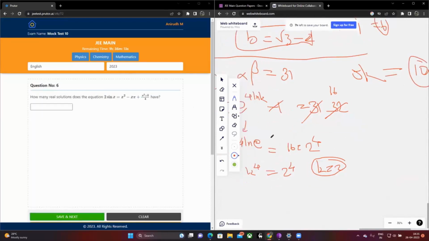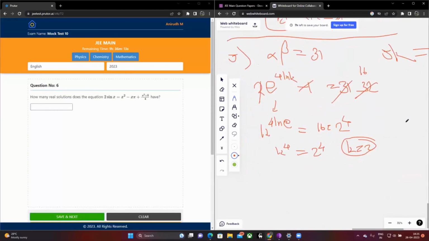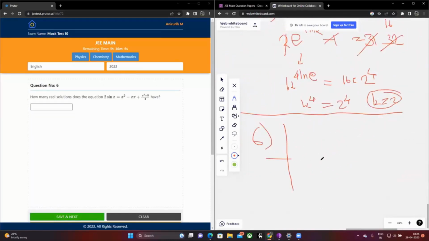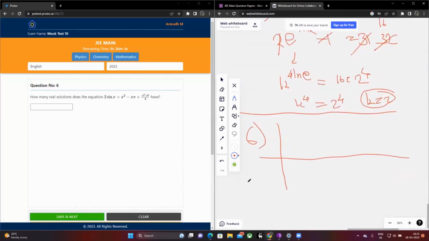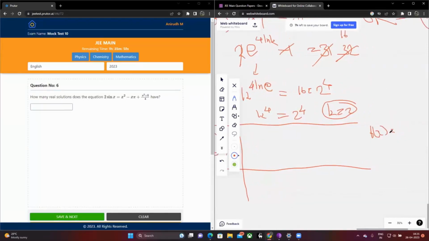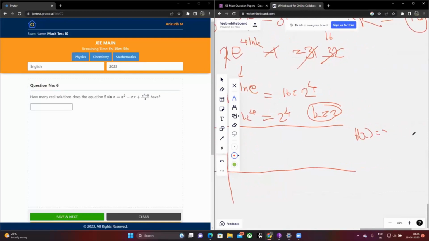The real solutions of 2 sin x equals this. This is a question where you have to use the graphing method, right? So you have on the left hand side 2 sin x, which you take as a separate function f of x, right? F of x equals sin x times 2.